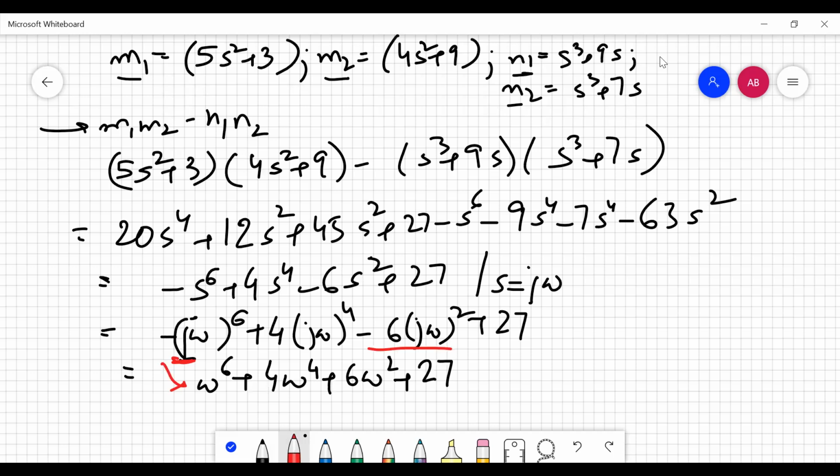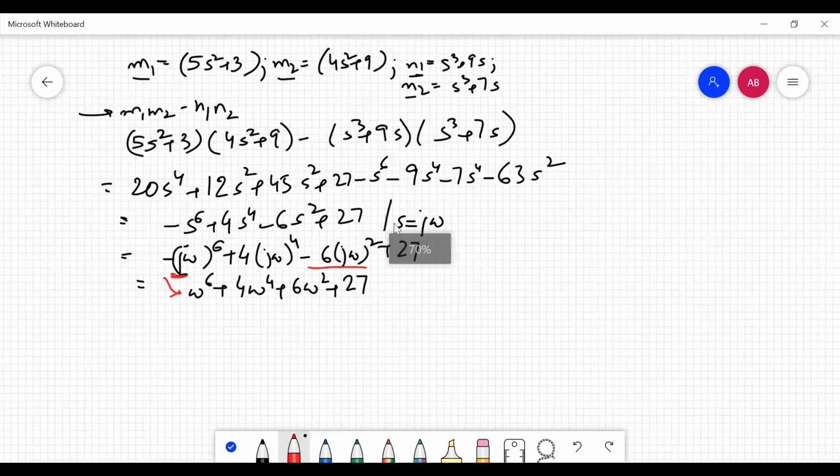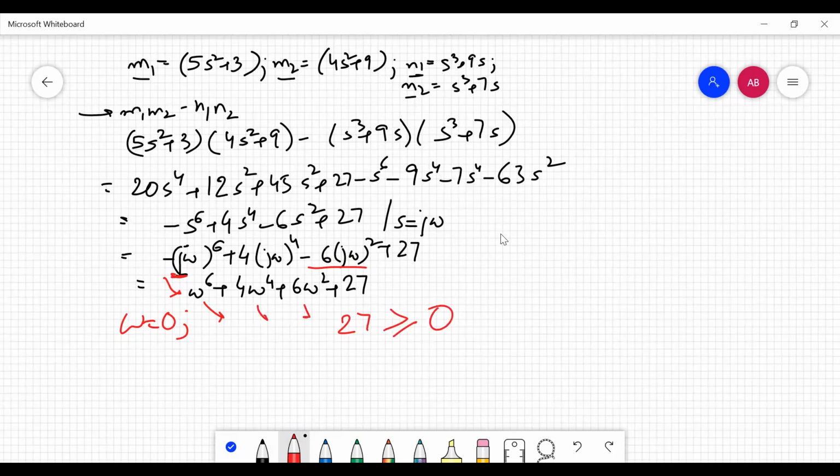So you can try putting various values of omega. Just put the value of omega as 0 here. You are going to see this is going to be 0, 0, 0, and 27, that is greater than or equal to 0. Similarly, all the values of omega you put should give a result greater than or equal to 0.